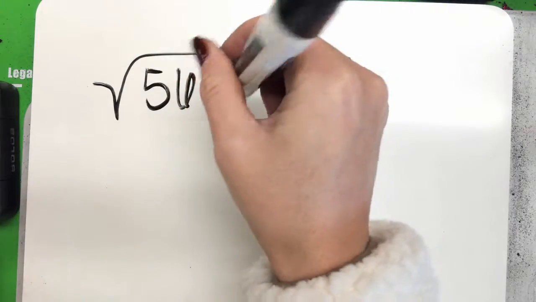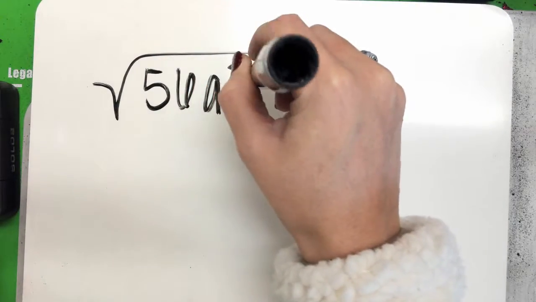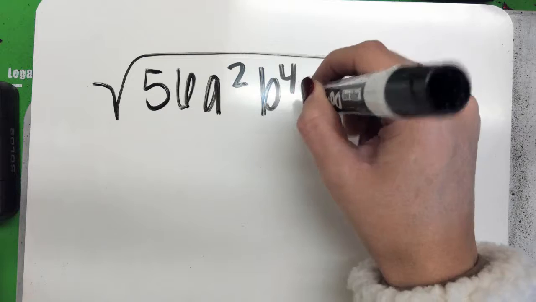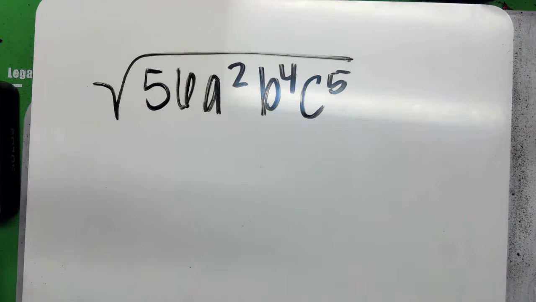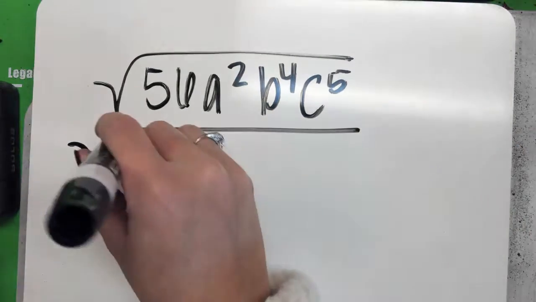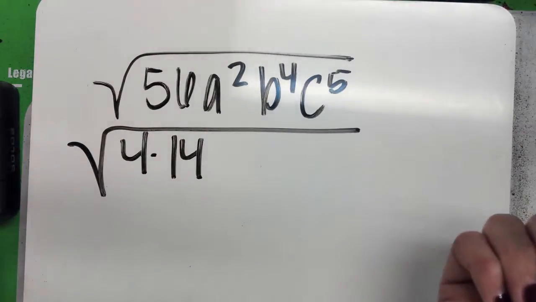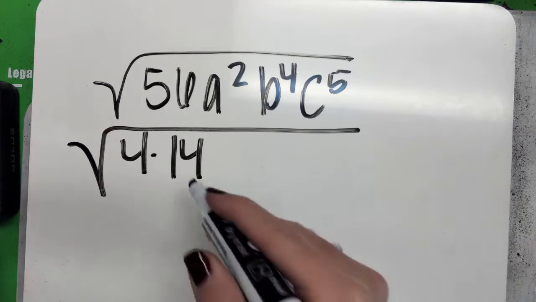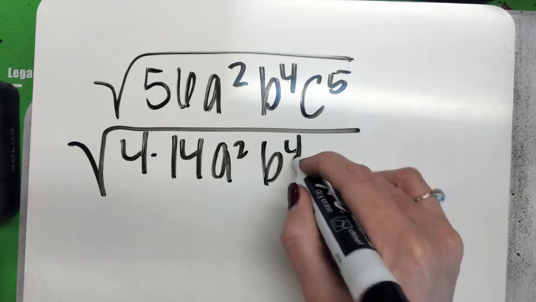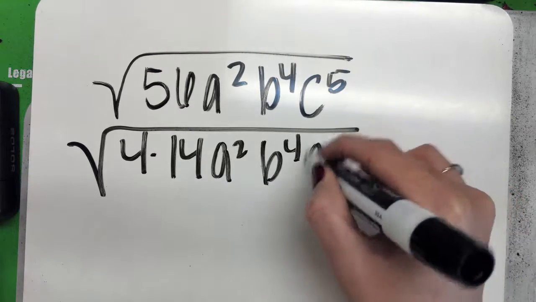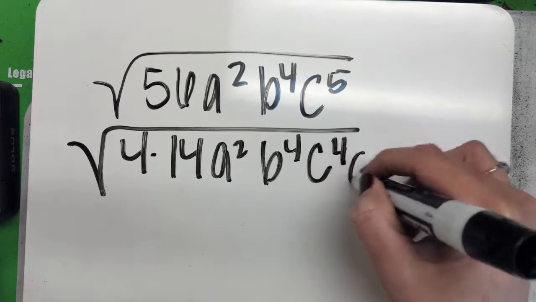Square root of 56, a squared, b to the 4th, c to the 5th. Is 56 a perfect square? No, but the perfect square that goes into it is 4 and 14. We don't have to break up a squared because it's an even number, same with b to the 4th, but c to the 5th we have to break up into c to the 4th and c.